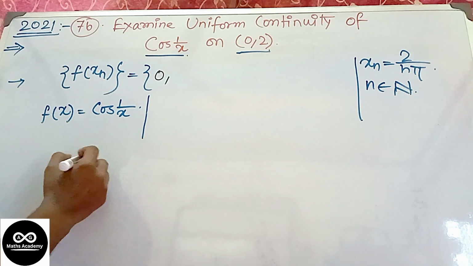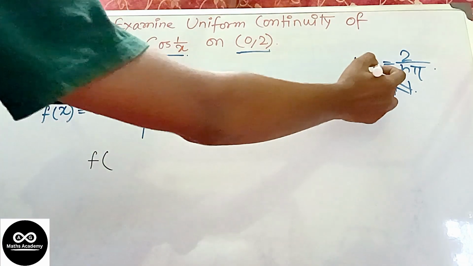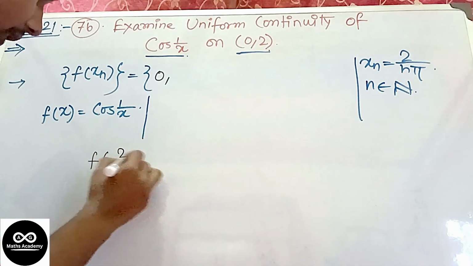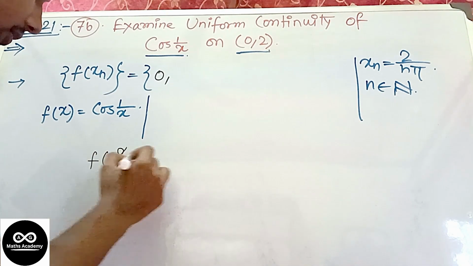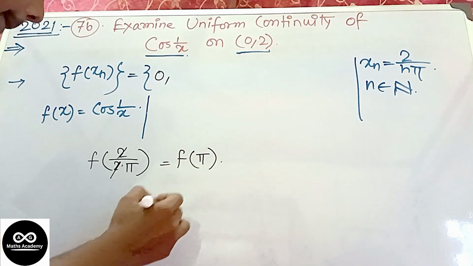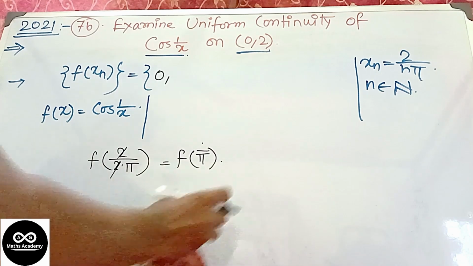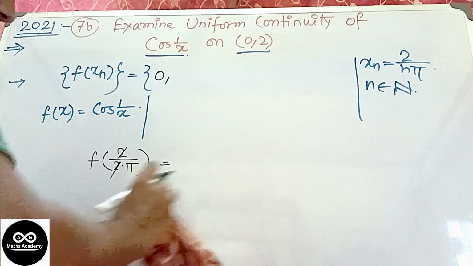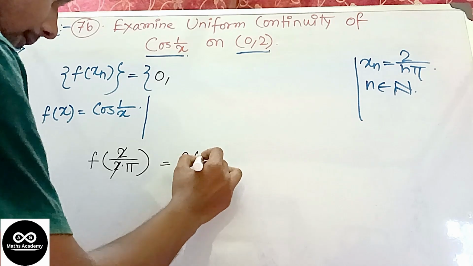For this it should be x2, which will be 2 by 2 into pi. So this will be f of 1 by pi.